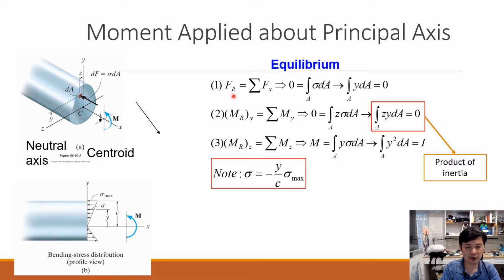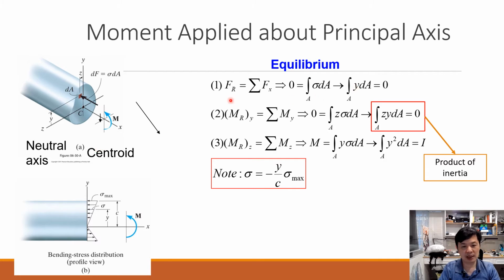The axial force should be 0, the resultant moment should be 0, and the resultant moment along the axis where the moment M is should be equal to M. Those are the three basic equations we have in this cross-section. We'd like to use them to determine what we can have from them and what we need to do in the following.